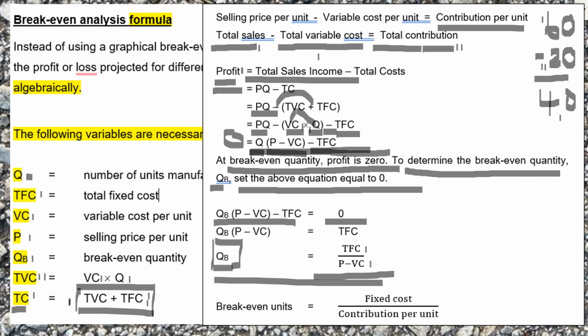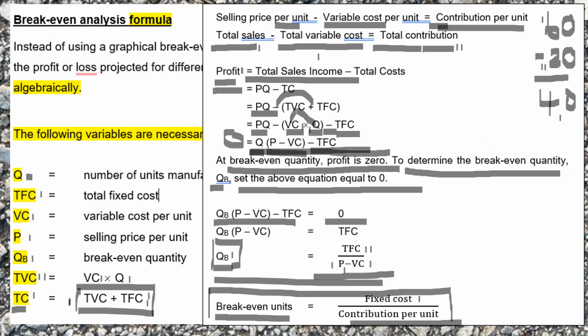The break-even quantity is equal to total fixed costs divided by price minus variable cost. Break-even units is equal to fixed cost divided by contribution per unit, because P minus VC is equal to contribution per unit. What I suggest you just remember, that's how that formula was derived.